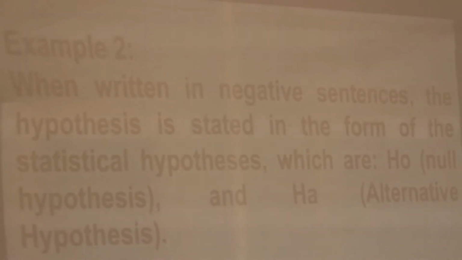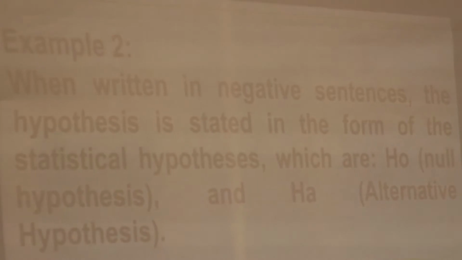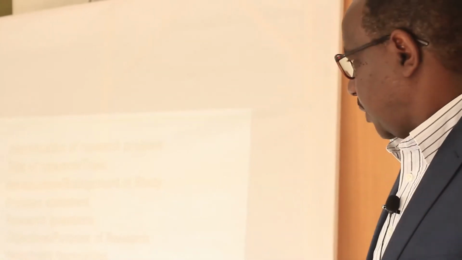Example number 2. Written in negative sentence, your hypothesis is stated in the form of the statistical hypothesis, which is known as null hypothesis, noted H0, the null hypothesis.